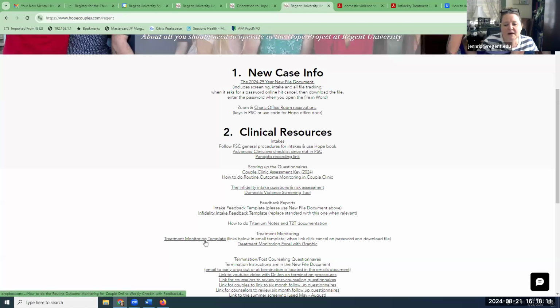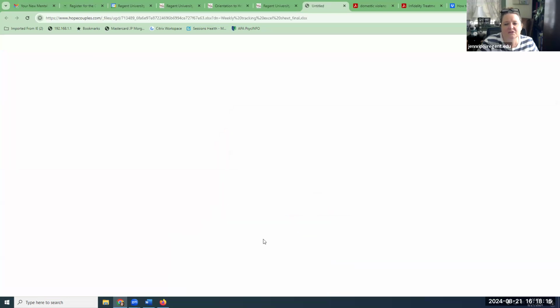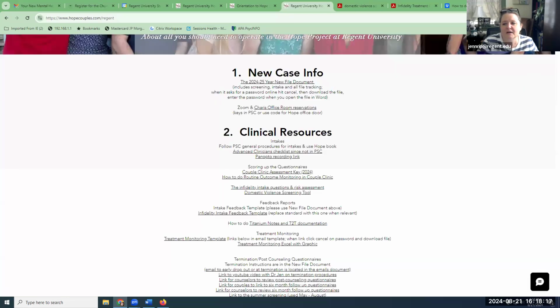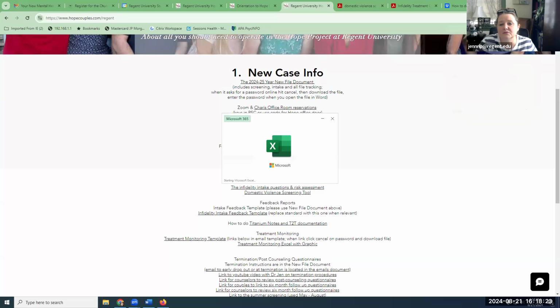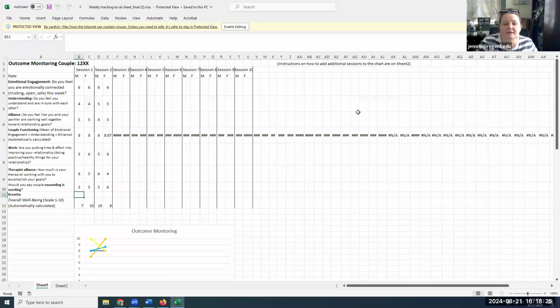The treatment monitoring template: you're going to be taking this information and entering it into the Excel file. This is the weekly HOPE routine outcome monitoring. Most of you will do this with an online link, but you can also do it by hand if you want to. We just created this. Most students say that they find it helpful.